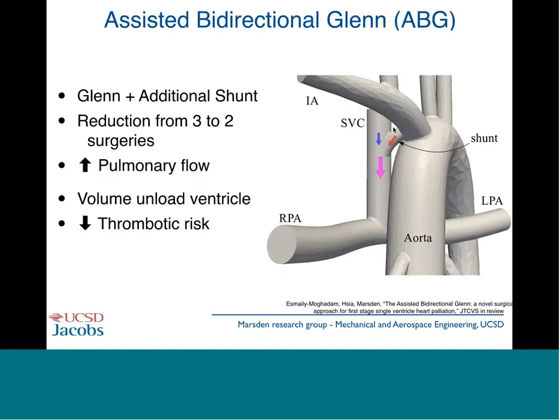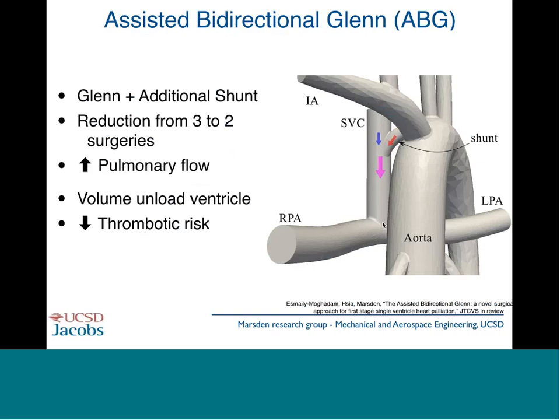And so we developed something called the assisted bidirectional Glenn. This is essentially doing the traditional Glenn surgery, but doing it earlier at the time of birth, but adding to that a second shunt that would use this ejector pump concept to drive flow in the pulmonary arteries.